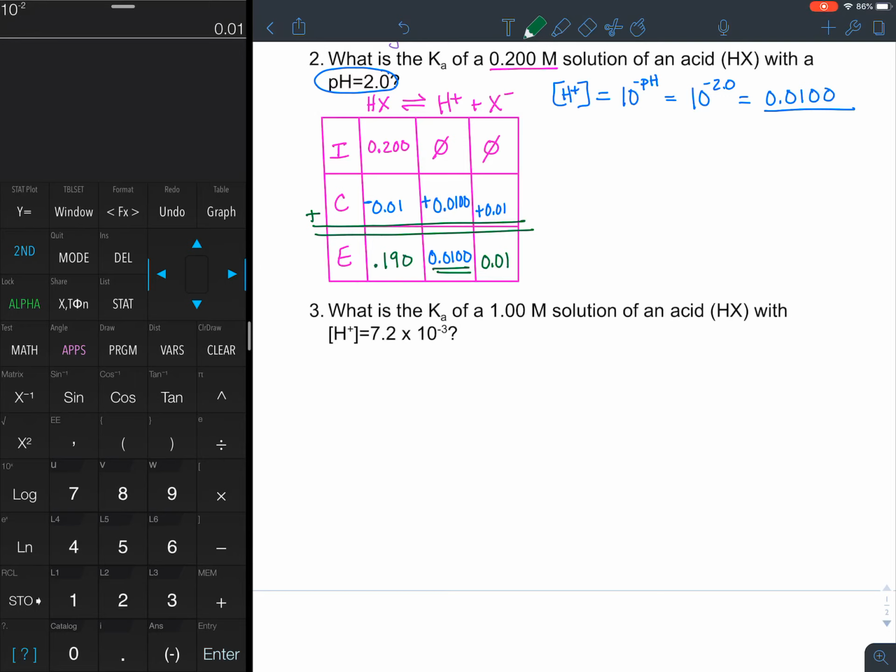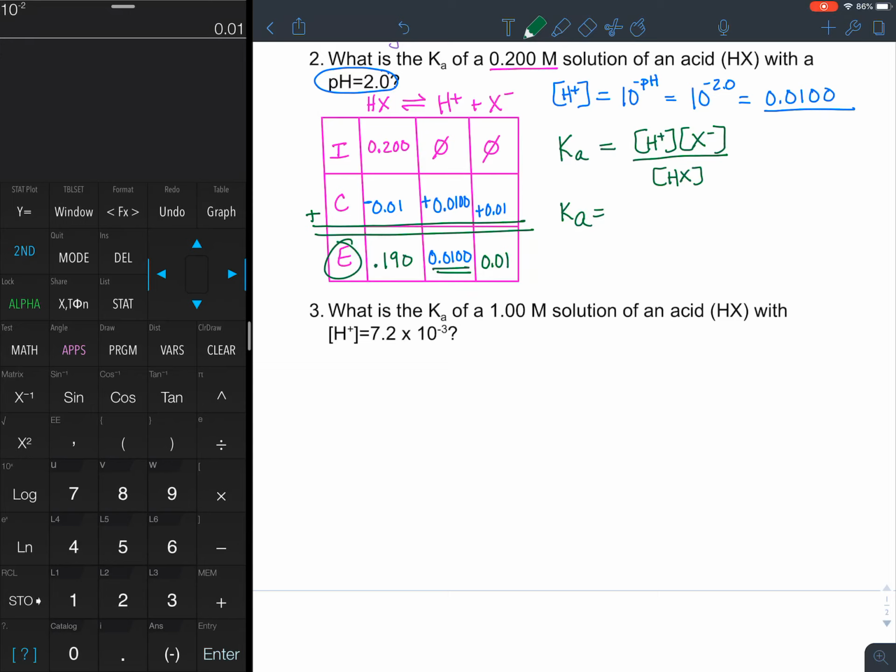So we're going to write out our expression. So Ka is going to be equal to the concentration of hydrogen ions times the concentration of the anion divided by the concentration of the acid. So I go ahead and I plug in our values that we know we have at equilibrium.